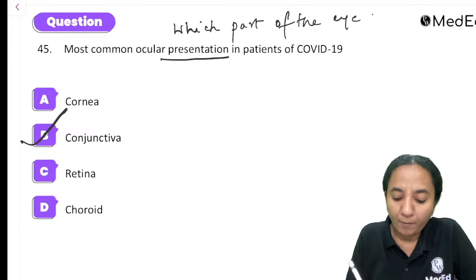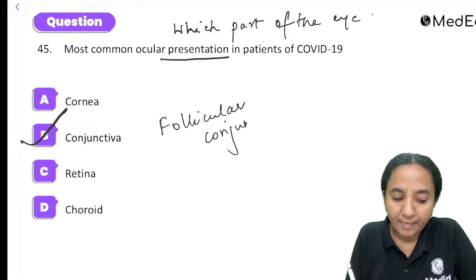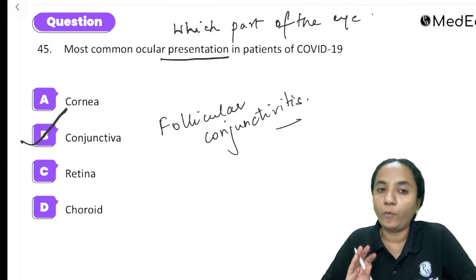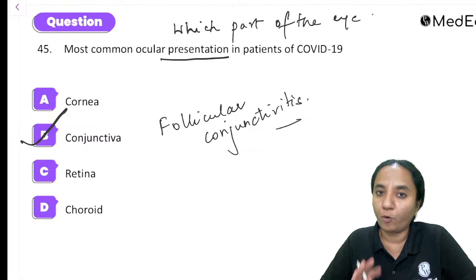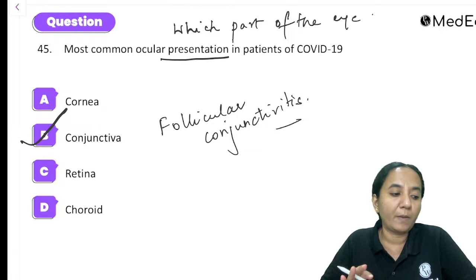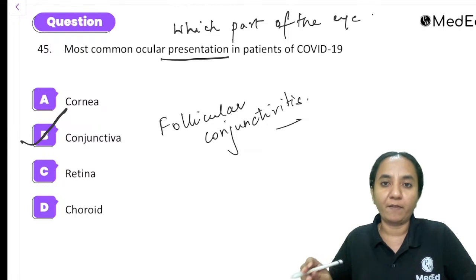And what is the most common presentation? It is follicular conjunctivitis. So follicular conjunctivitis is the most common ocular presentation in patients of COVID-19. So which part of the eye is involved most commonly? Answer is going to be the conjunctiva.